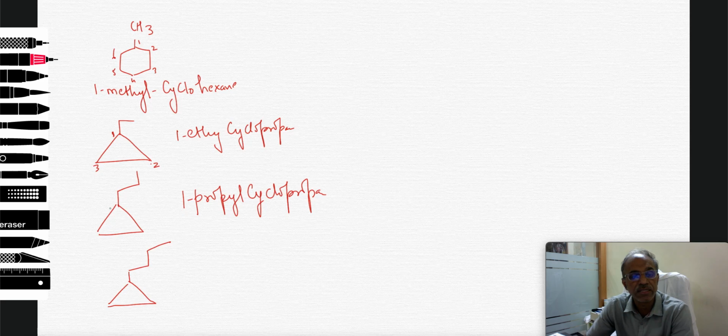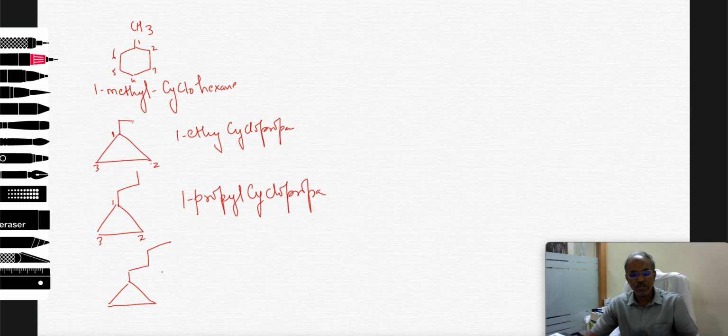Similarly, 1, 2 and 3. First position there is a propane. Here you can see there are 2 carbons, and cyclopropane has 3 carbons. Here also 3 carbons, and here also 3 carbons. But here you can see 3 carbons, but the attached chain has 1, 2, 3, 4.